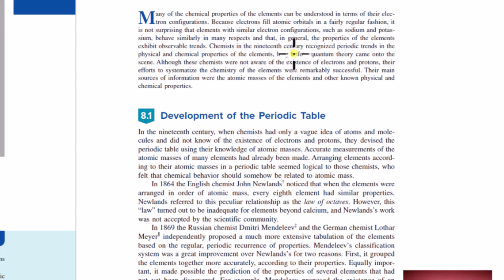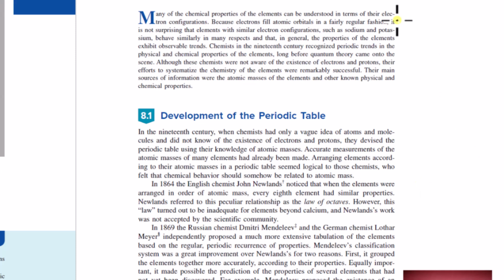Chemists in the 19th century recognized periodic trends in the physical and chemical properties of elements, long before quantum theory came onto the scene. Although these chemists were not aware of the existence of electrons and protons, their efforts to systematize the chemistry of the elements were remarkably successful. Their main sources of information were the atomic masses of the elements and other known physical and chemical properties.